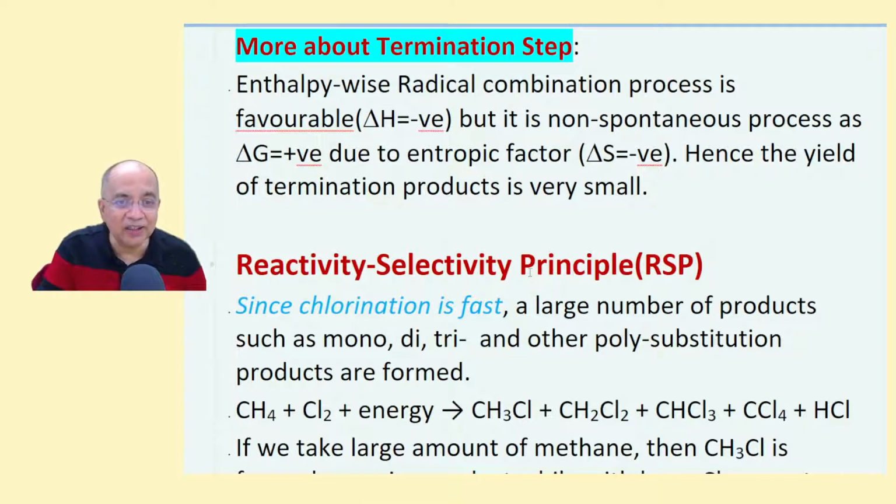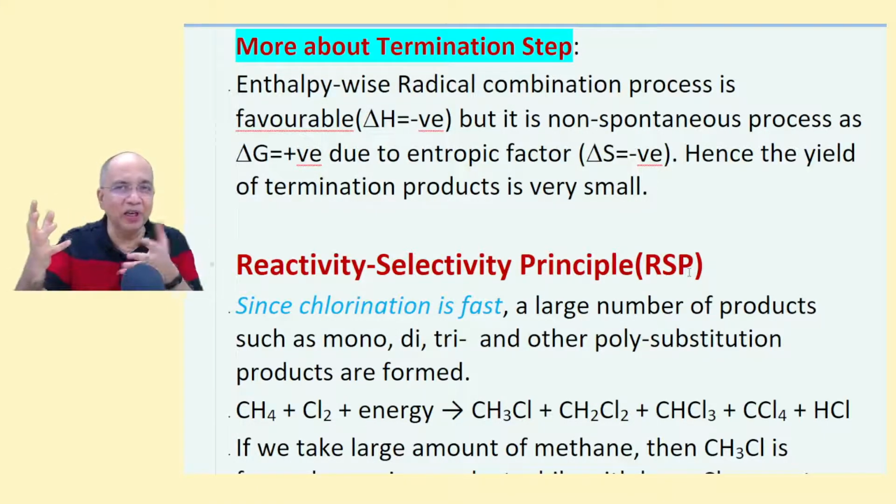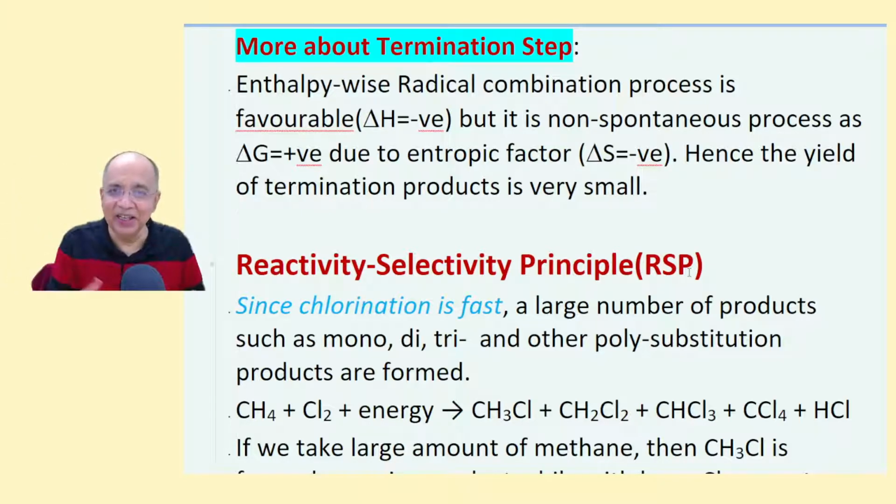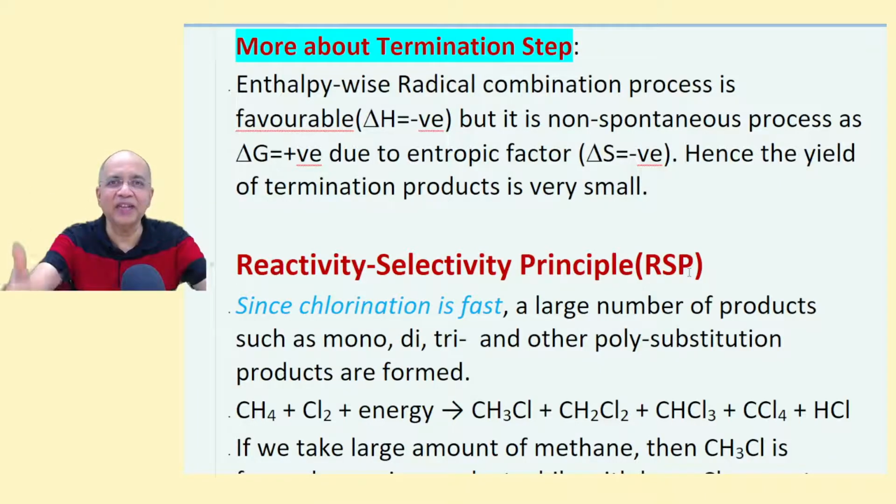RSP, Reactivity-Selectivity Principle. That is very interesting. There will be a competition between chlorine and bromine. Who will be more popular in halogenation of alkanes? Alkenes having allylic hydrogen and arenes, and different examples we shall be looking at in our next video.